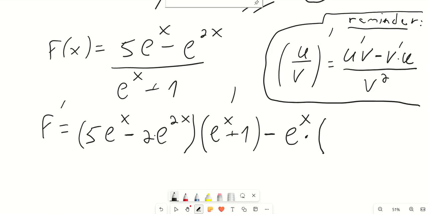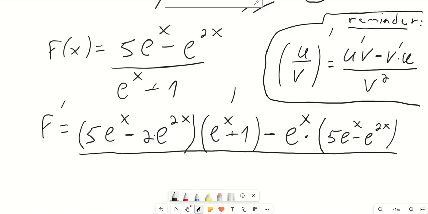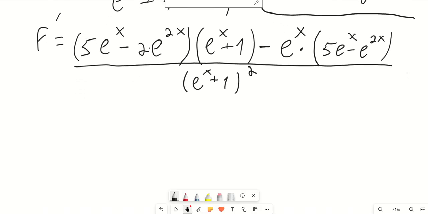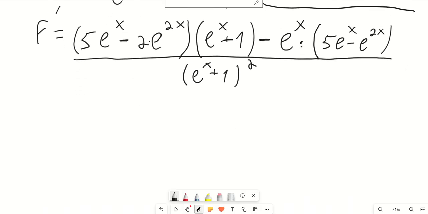And now I have to multiply by the numerator without differentiating it. And all of that should be divided by the denominator square. So now I'm going to develop this expression further.